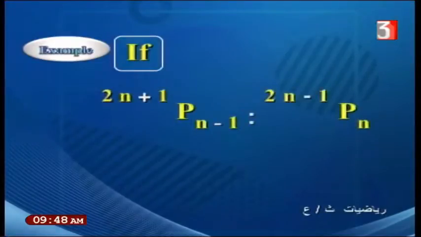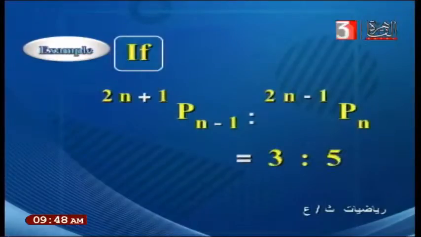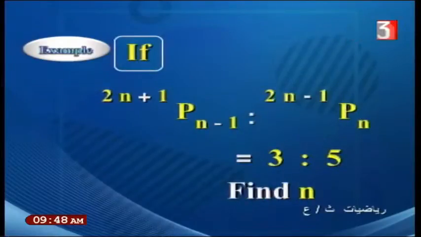Now we translate to another example. If (2n plus 1) permutation (n minus 1) ratio (2n minus 1) permutation n equals 3 ratio 5. What is required? Find the value of n. My dear student, we know that in permutation we can calculate by using what?